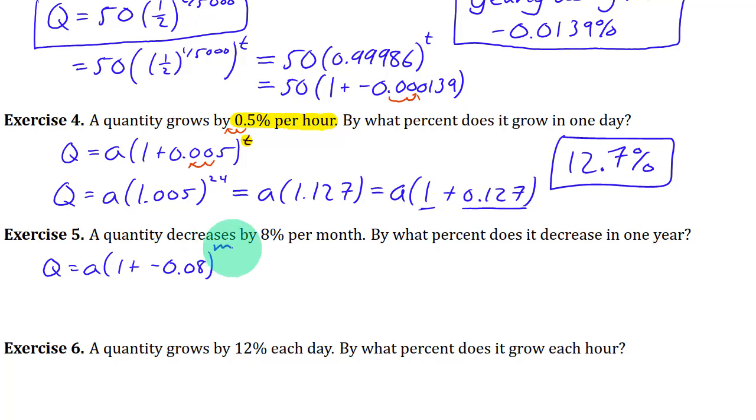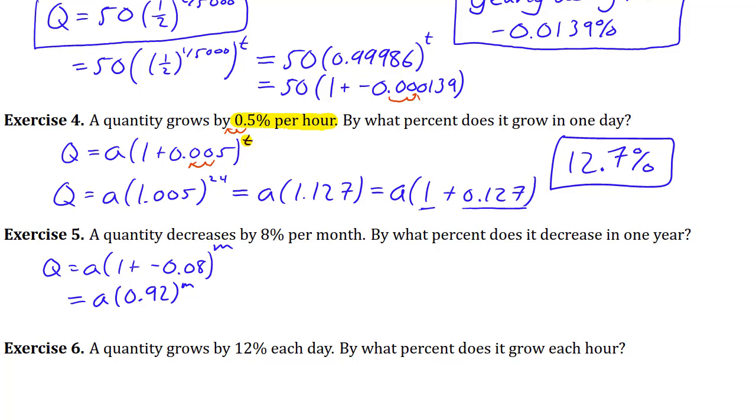I could call this m, maybe. That might make more sense. And 1 minus 0.08 is 0.92. So this is saying every time 1 month goes by, you have 92% of what you had before.